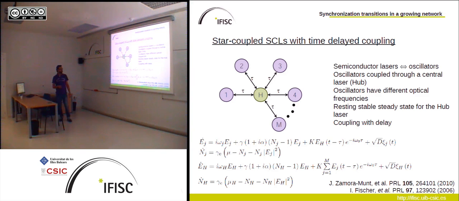So, may I ask a question? I'm not really clear about the rationale of these equations. You don't scale the coupling factors, right? So that means for 100 incoming lasers, you have 100 times the inputs to the central device, right? Which will then certainly operate under very different conditions.